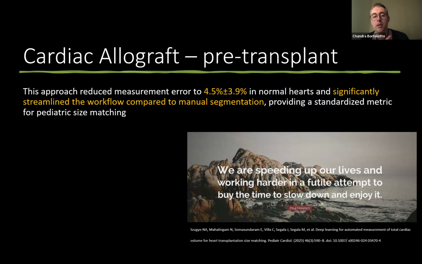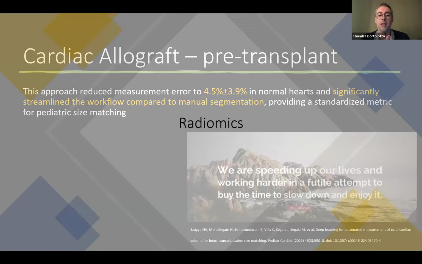This is something that generally is used to streamline the workflow in comparison to manual segmentation. So we are just speeding up what we do in clinical practice. We are not getting new information, but just trying to get the regular information faster.